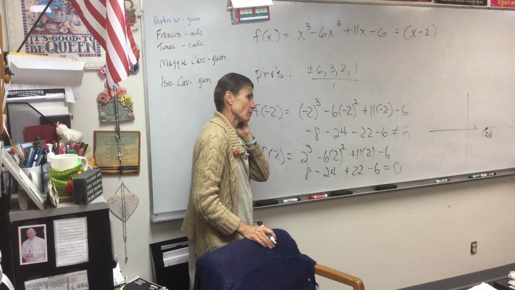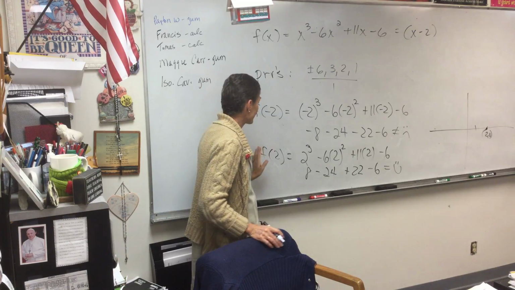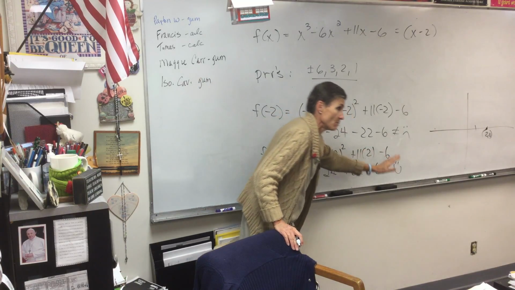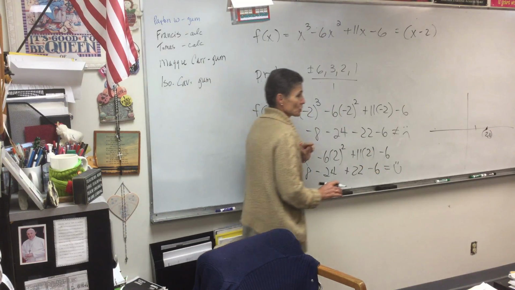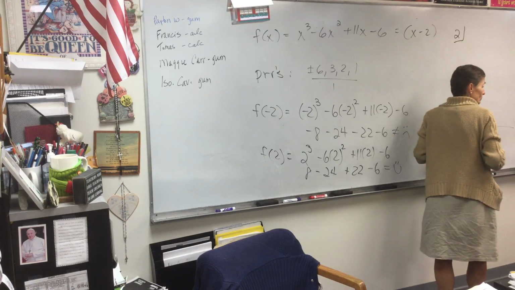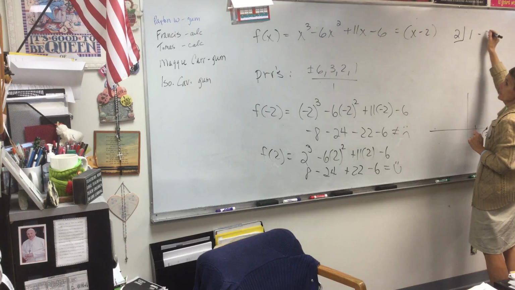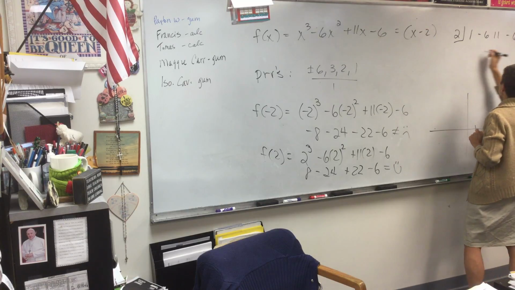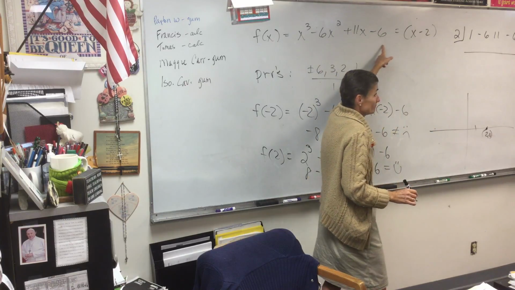All right, who remembers from our last example? What do I do now? I've got a number that equals 0. Synthetic division. So in the box goes the 2. Across the top goes 1, negative 6, 11, negative 6. Those are the numbers from the problem.